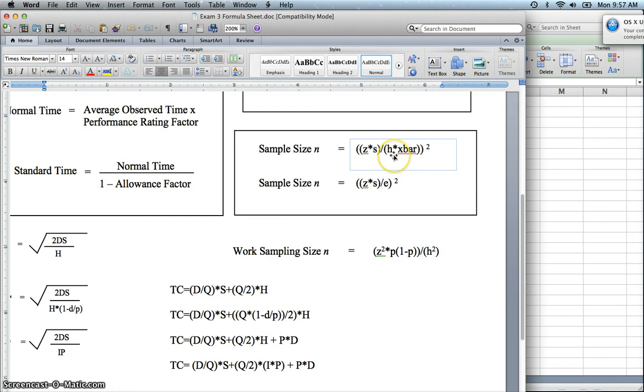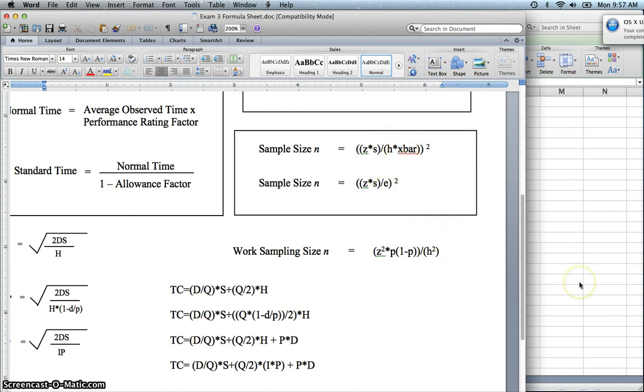Sometimes they will not tell you that, for example, they just want an absolute error, a certain percentage, as compared to plus or minus around the true mean. So we have this case where they have the X bar and then plus or minus within 5%. Sometimes they'll just tell you that they want this error. And so the only thing that's changed between these two formulas is that idea.